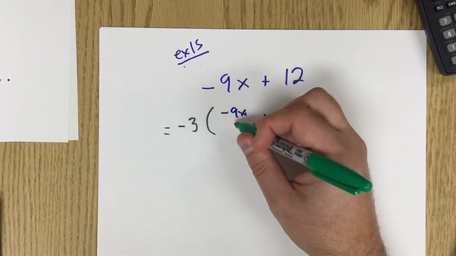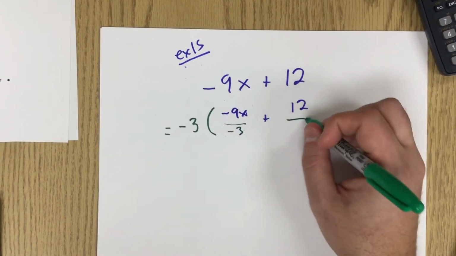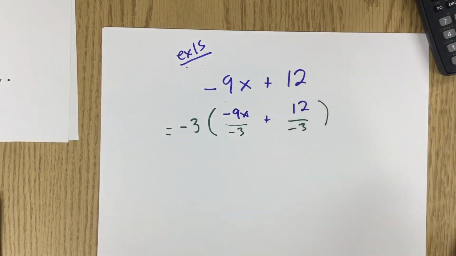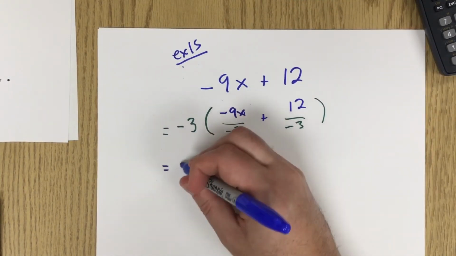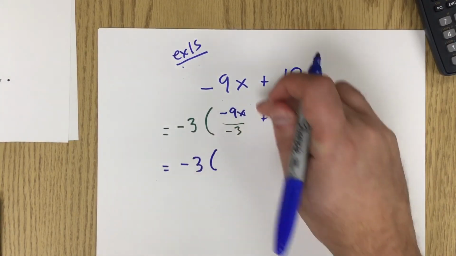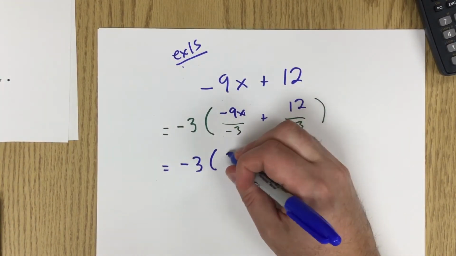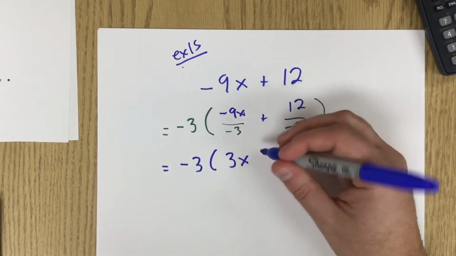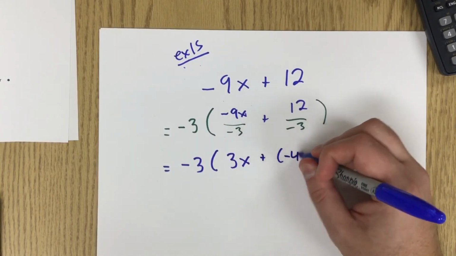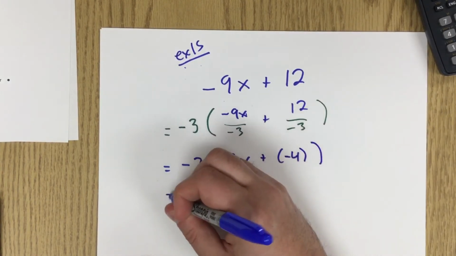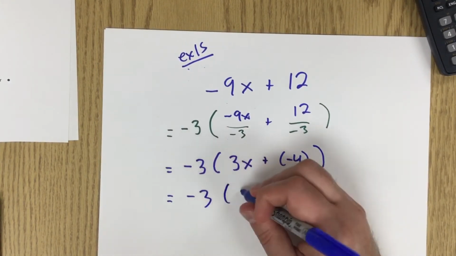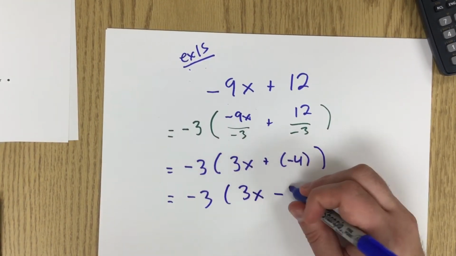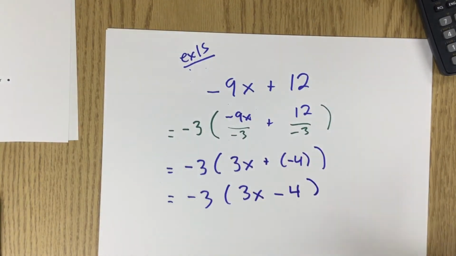If I factor out a negative 3, I'm dividing each one by negative 3. And so what do I get? I get negative 3. Minus 9 divided by minus 3 is positive 3. And 12 divided by negative 3 is negative 4. And of course, the good way of writing that would be to just write it as 3x minus 4.